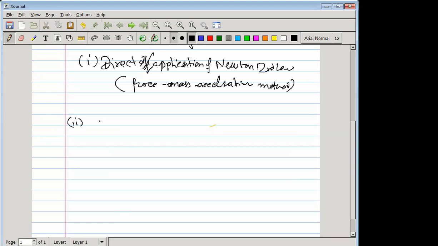Another one is the use of work and energy principle. And the third is the impulse and momentum method.